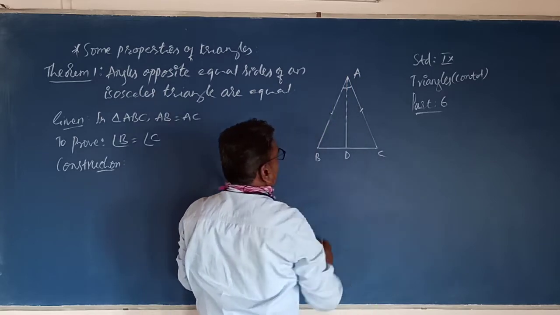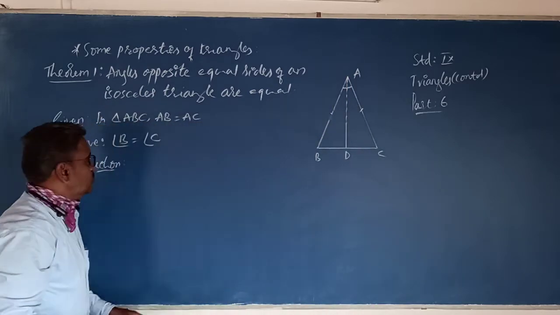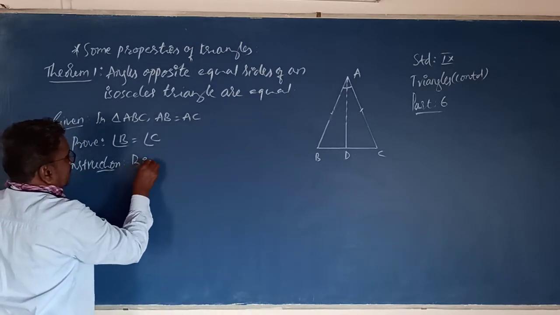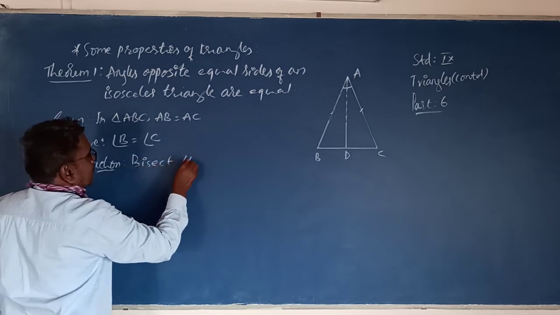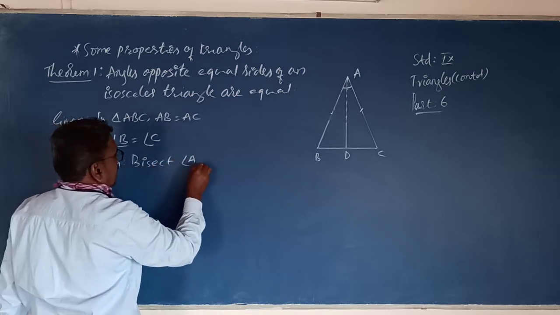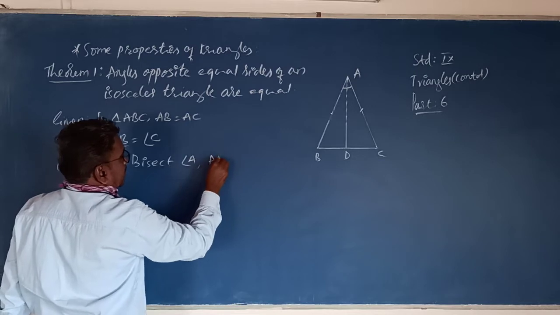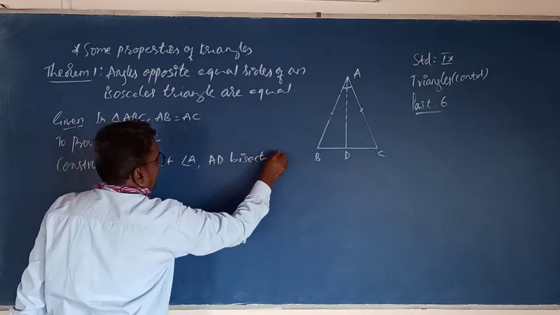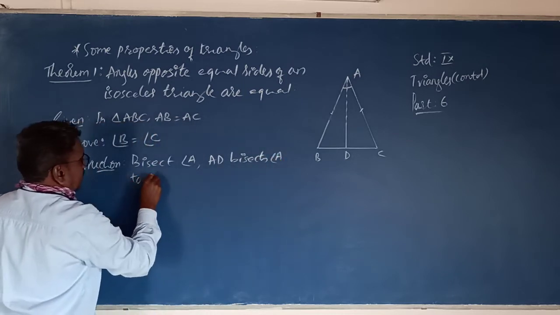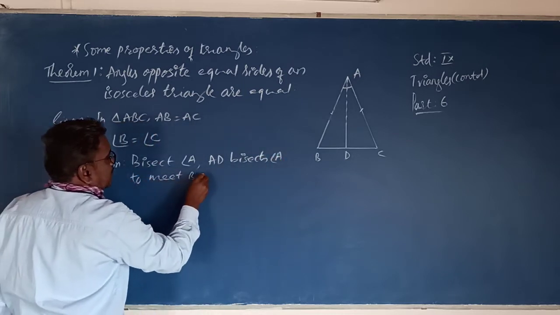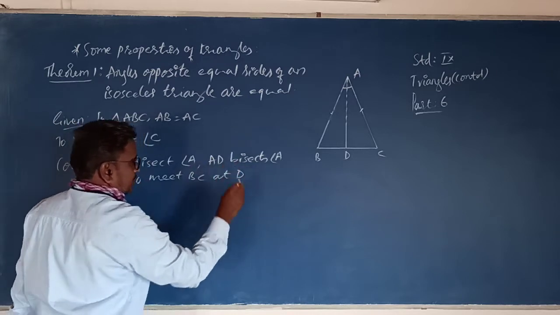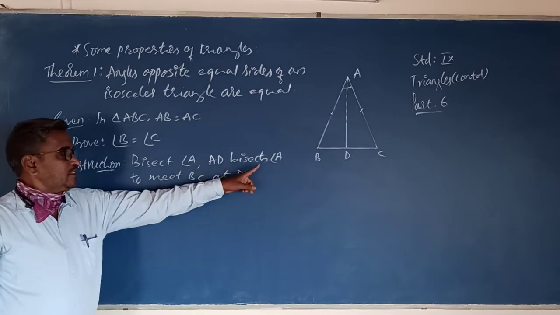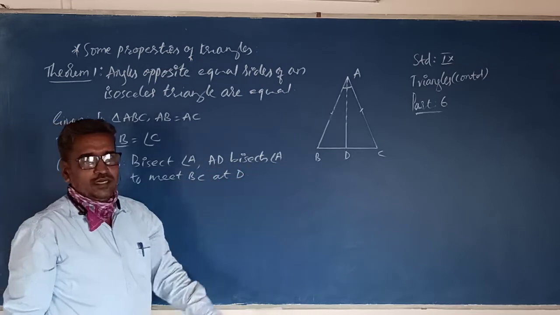AD is the bisector of angle A. So AD bisects angle A to meet BC at D. This is constructed: bisecting the vertex angle A. That means AD is bisecting angle A to meet BC at D.